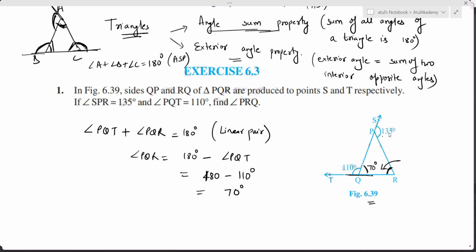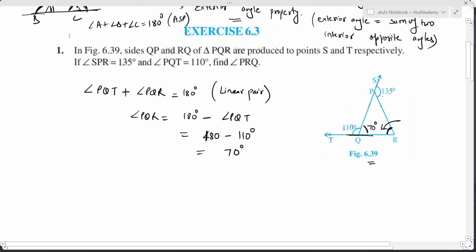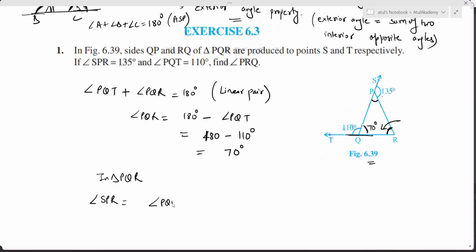I think we can use the exterior angle property here. There are two ways of doing this. One is to find this angle also and use the angle sum property, or you use the exterior angle property. So in triangle PQR, angle SPR is equal to angle PQR plus PRQ.